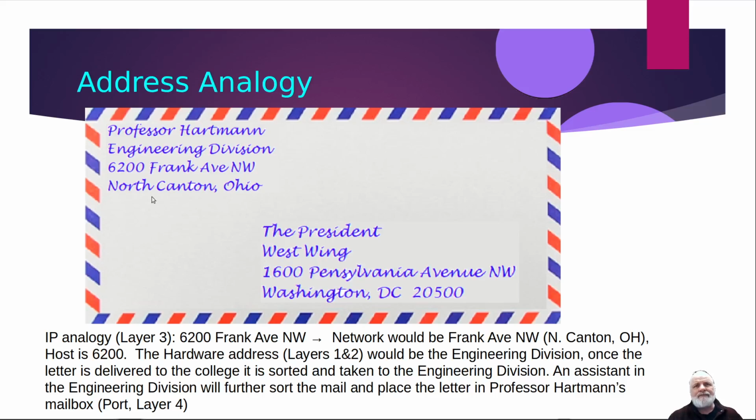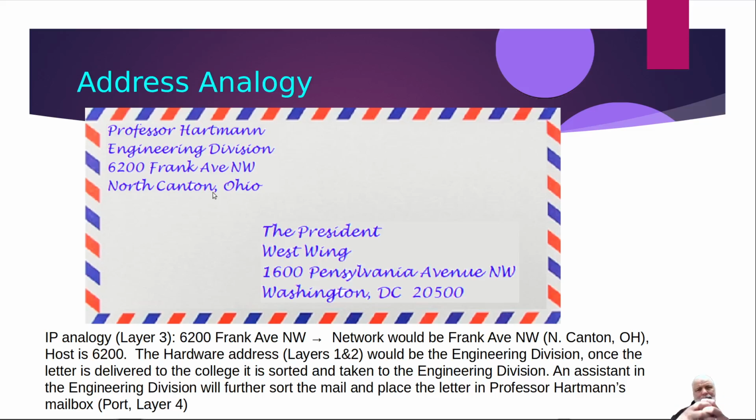Let's take my address here at 6200 Frank Avenue, North Canton. Here we have the city, North Canton, Ohio, then the street, Frank Avenue, and then on Frank Avenue we have the building number 6200.